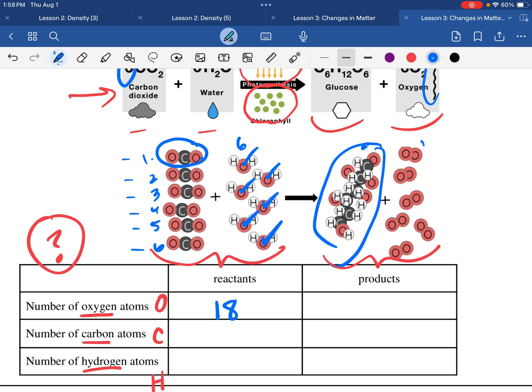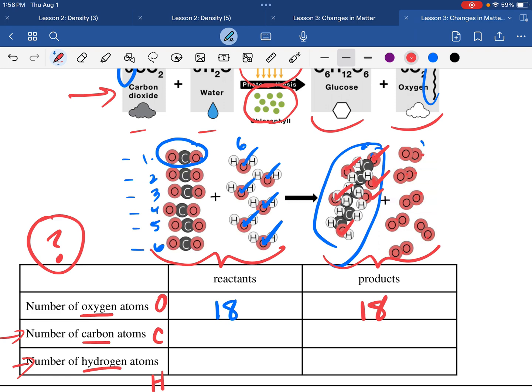And then in the products, we have 1, 2, 3, 4, 5, 6 oxygens, 6. And then here we have 2 each. We have 2, 4, 6, 8, 10, 12. 6 plus 12, also 18. Aha! Reactants and products, same number of oxygen atoms. Okay, you count those and answer the question in your video for carbon and hydrogen.